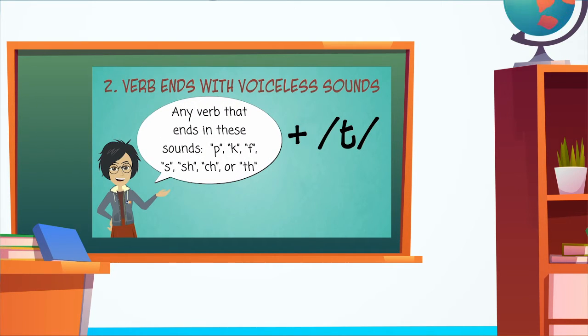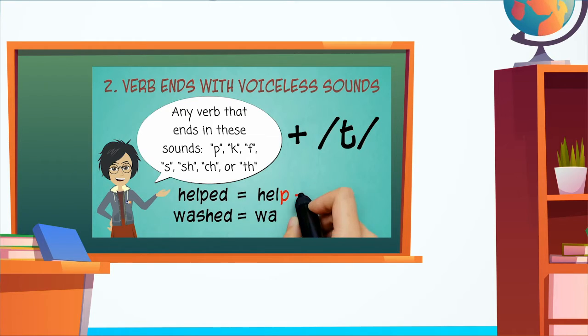If the verb ends in one of the following voiceless sounds, such as p, k, f, s, sh, ch, or th, use the t sound for past tense. For example, we have helped and washed.